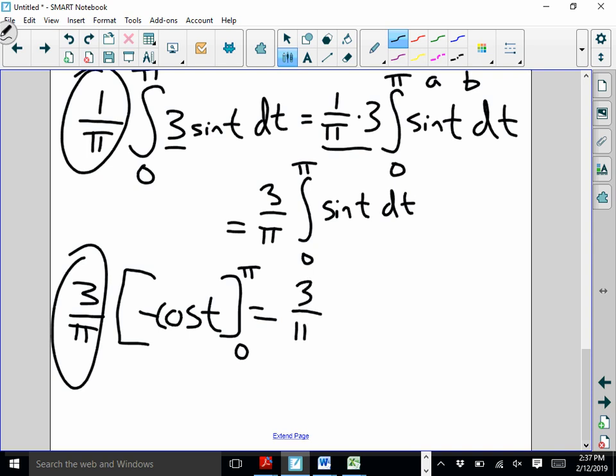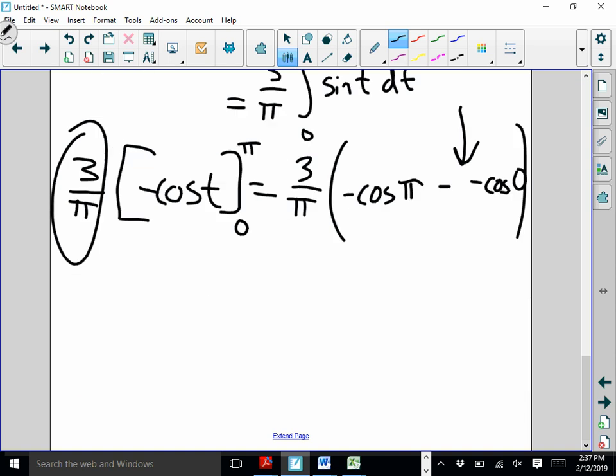So I have that 3 over pi. Now I'm going to evaluate negative cosine of pi minus negative cosine of 0. Be careful here, this minus minus becomes a plus. So this equals 3 over pi. Cosine of pi is negative 1, so opposite cosine of pi would be positive 1.